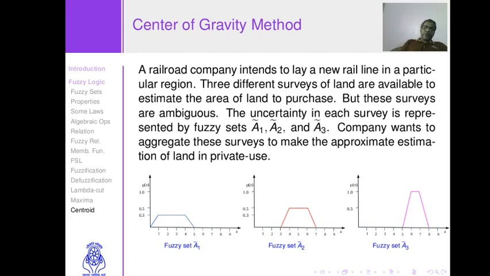Combination means that we have to take a union of these three fuzzy membership functions, because they are representing different segments, and our purpose is to perform an estimation from 0 to 8 on the x-axis. So this is fuzzy set A that starts at 0, and this is fuzzy set 3 that ends at 8. So we take a union of these three fuzzy sets, and then we perform defuzzification.